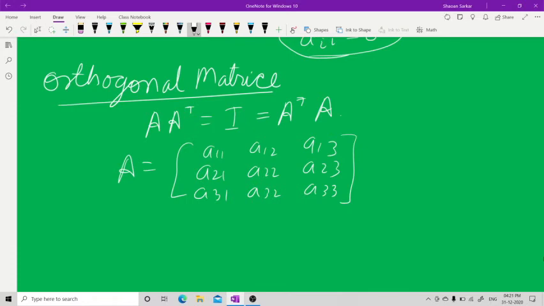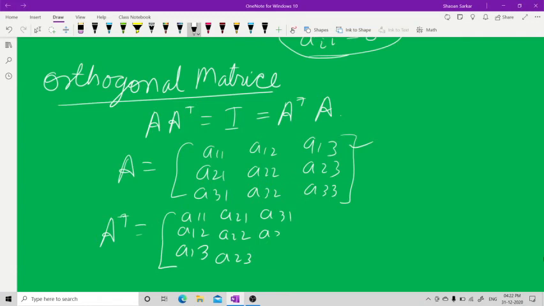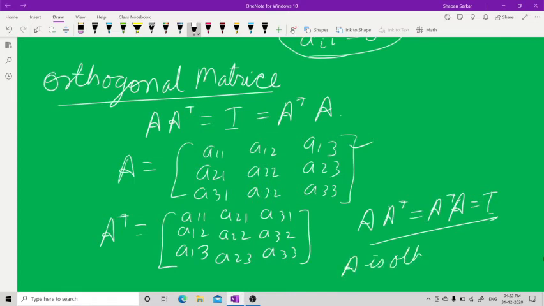Now if you take the transpose of this, that is A11, A12, you write the row in the column fashion. A13, A21, A22, A23, A31, A32 and A33, and you multiply A transpose A, you should get an identity. If you get an identity, that means if you get this, then A is orthogonal.